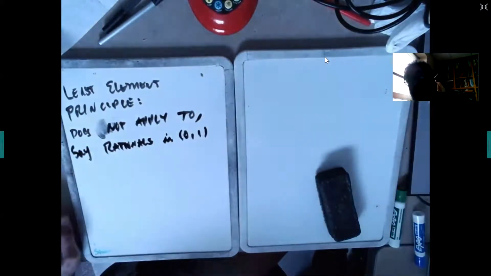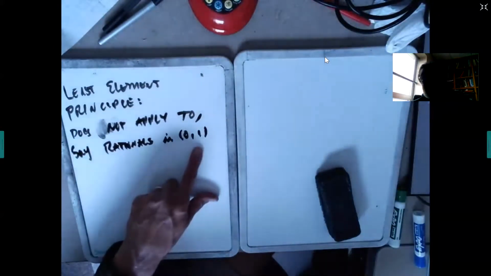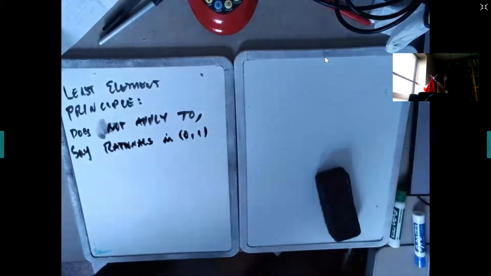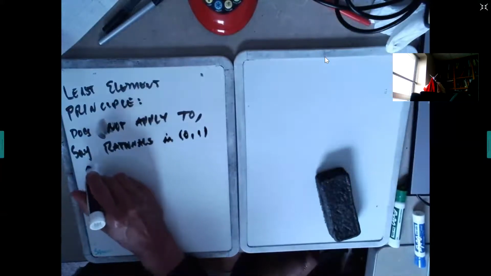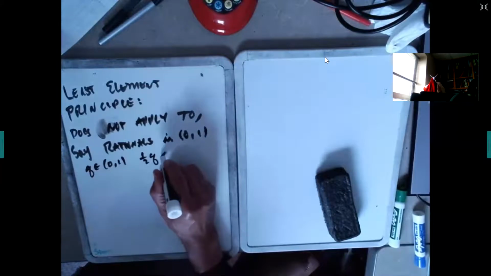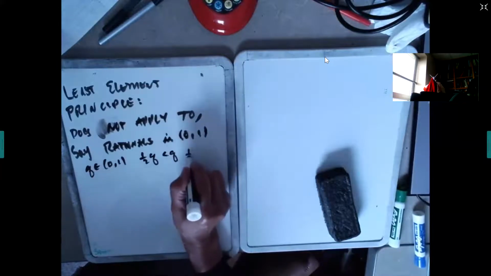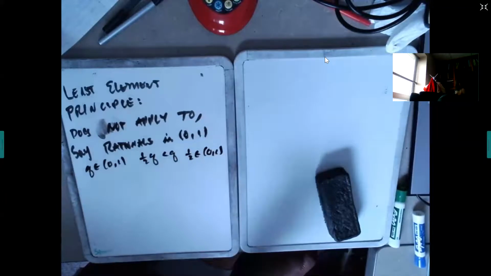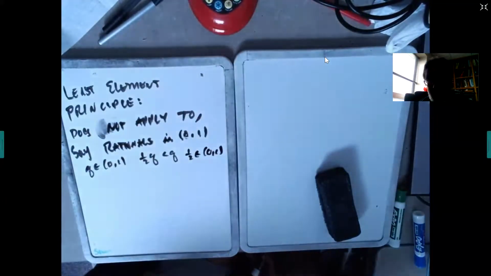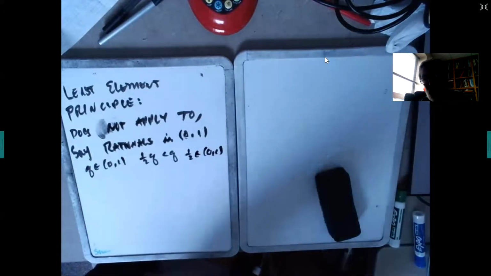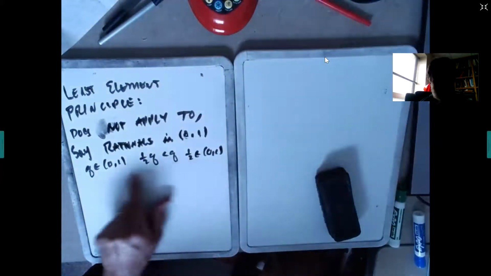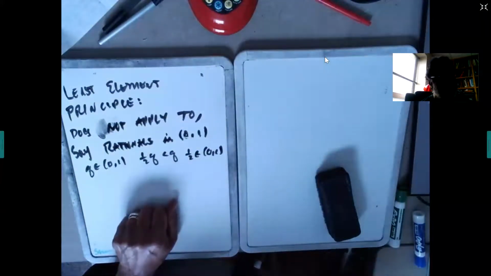And it's easy to see why. It's 0, 1 exclusive, so 0 is not a part of this and 1 is not a part of it. Let's say q is in here. Then 1/2 q is less than q, and 1/2 q is also in there. So for the set of rationals in between, even though they're countable, under the usual ordering, the ordering that's consistent with our algebra, the least element principle does not apply.